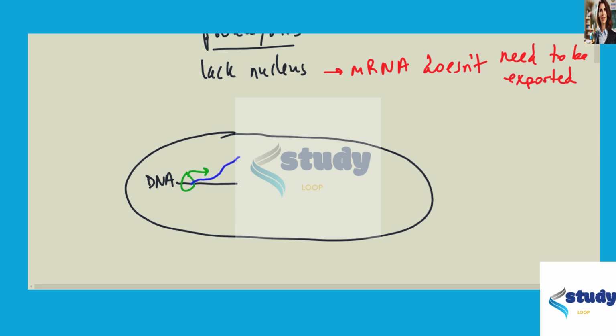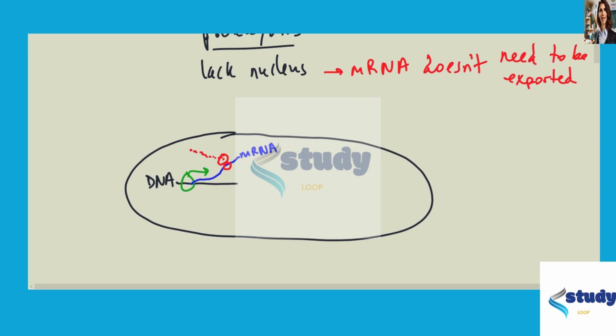That's the mRNA. Right away, the ribosome can actually bind and start making protein because it doesn't need to be exported. So we can start synthesizing our protein here.